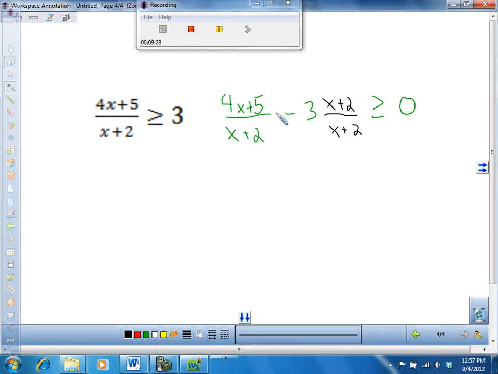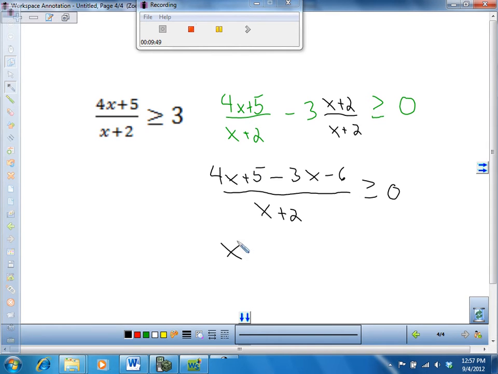And now I rewrite this as 4x plus 5 minus 3x, and minus 3 times 2 gives you minus 6, over x plus 2 is greater than or equal to 0. I know I'm going fast. Combining like terms, I get x minus 1 over x plus 2 is greater than or equal to 0.